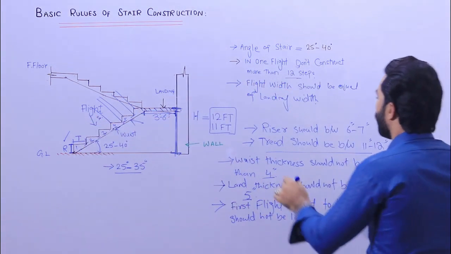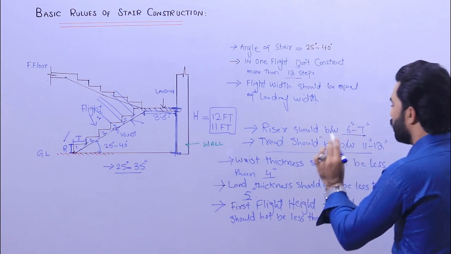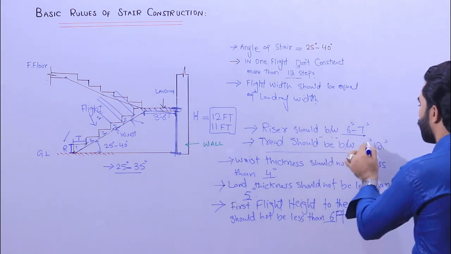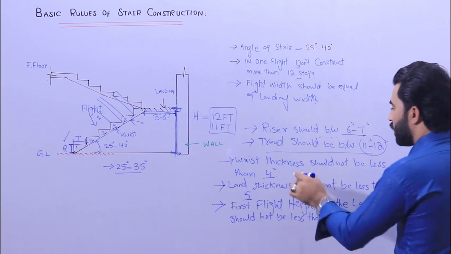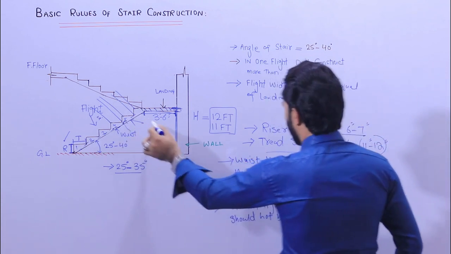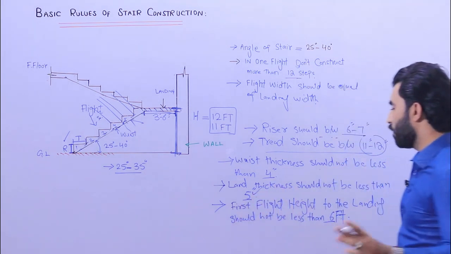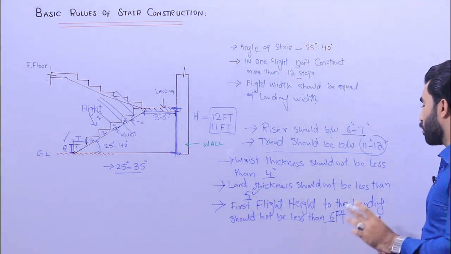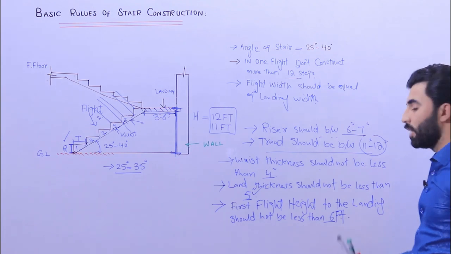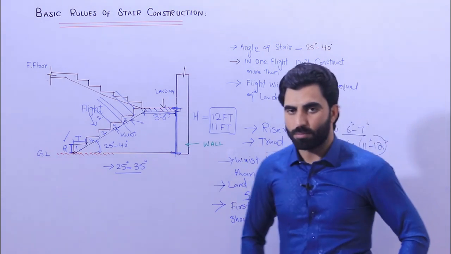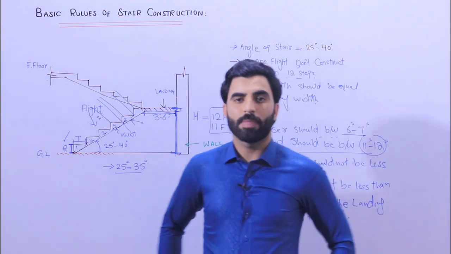The riser should be between 6 to 7 inches. The tread should be between 11 to 12 inches. The waist thickness should not be less than 4 inches. The landing thickness should not be less than 5 inches. First floor height to the landing should not be less than 6 feet. Otherwise you will face more problems. So these are some basic rules for the stairs.